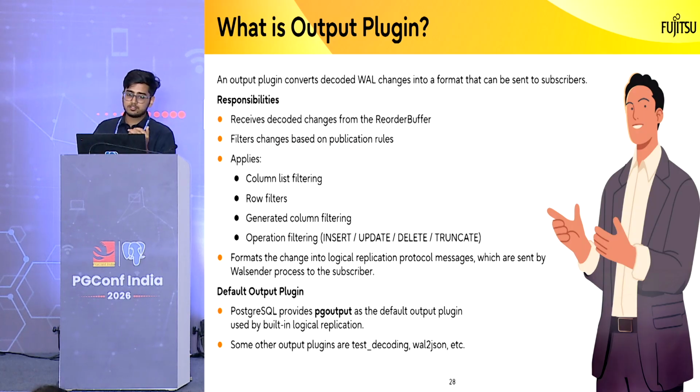Once the change passes those filters, it is converted into logical replication protocol messages and sent by the WAL sender process to the subscriber. By default, Postgres has the pgoutput plugin. We also have other types of output plugins such as test_decoding, wal2json, etc.